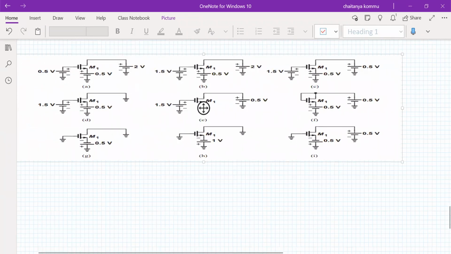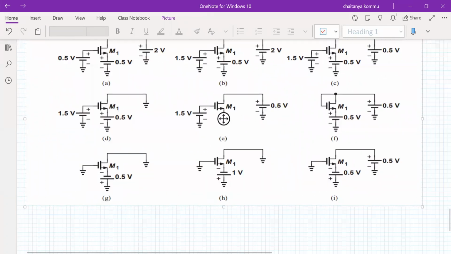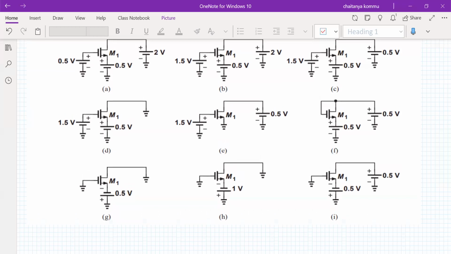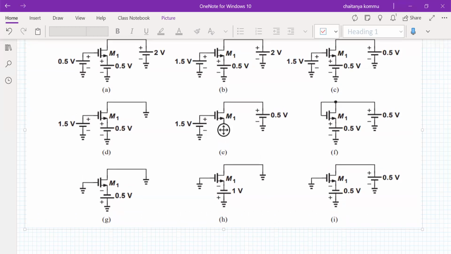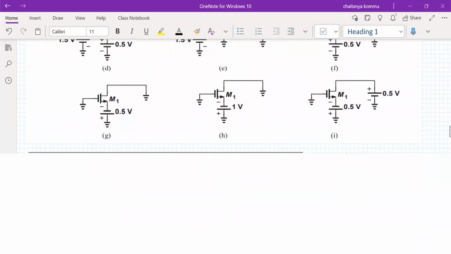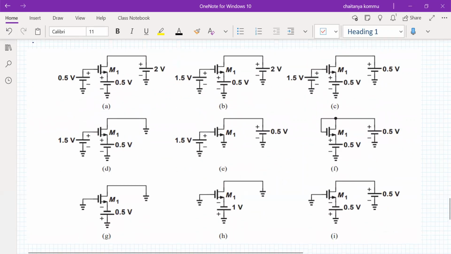Find the region of operation of the transistors for all these cases. It's very easy. The concepts are cleared beforehand. Please identify the region of operation of all these transistors.